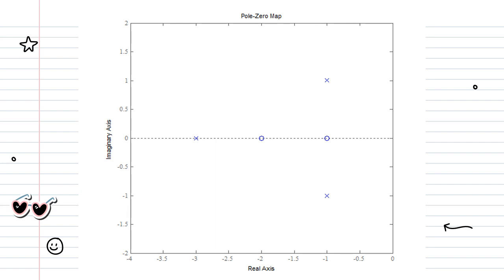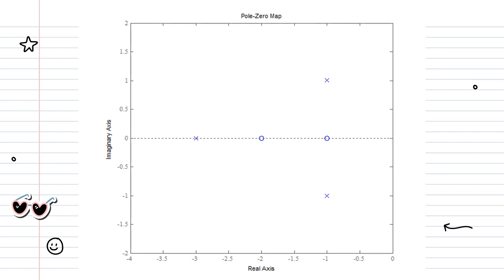Alright, so here we see that poles are represented with X marks and zeros are represented with tiny circles. So this is a really simple representation of zeros and poles graphically, but there are many ways to show them or see them.